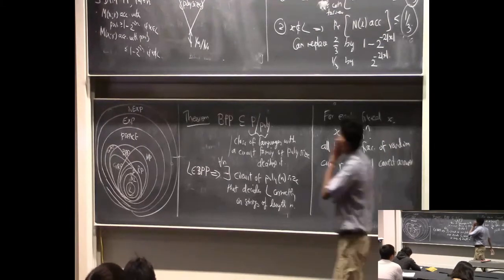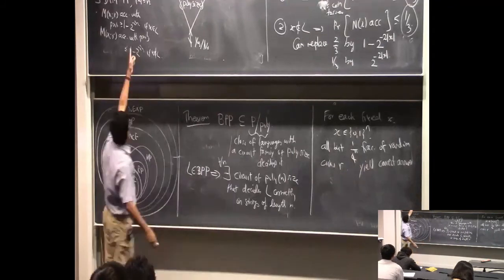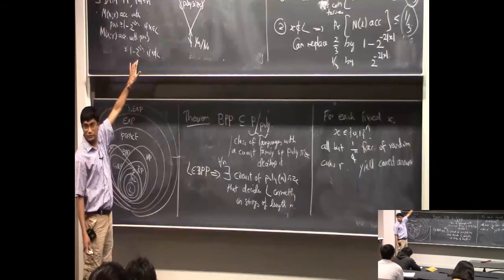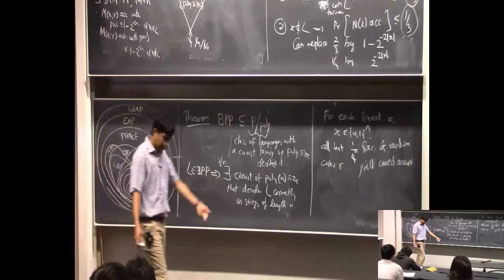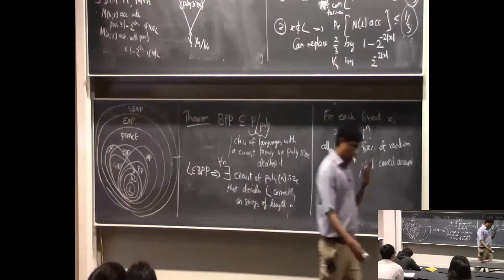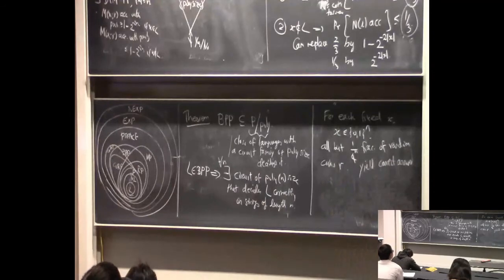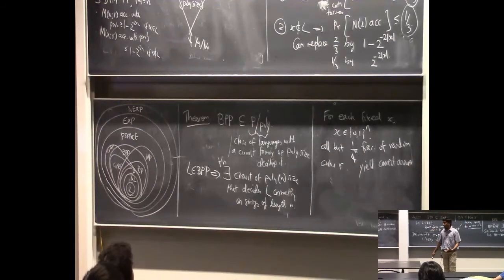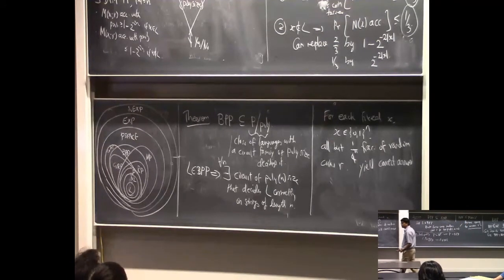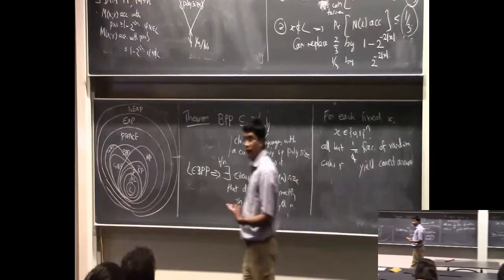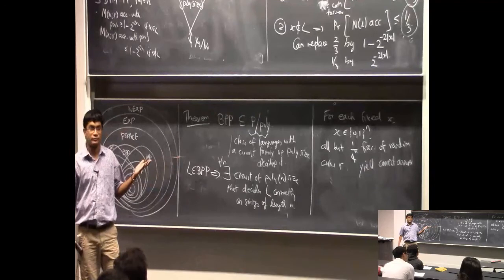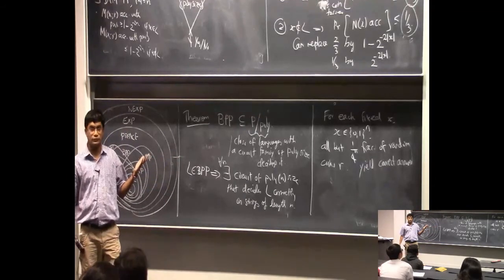Right, because if x is in L, the fraction which gives you the wrong answer, says x is not in L, is at most 1/4 to the n, and the same thing is true here. If x is not in L, at most 1/4 to the n will make you say yes. So for every x, most of the R's are good. But how many x's are there in total? 2 to the n.